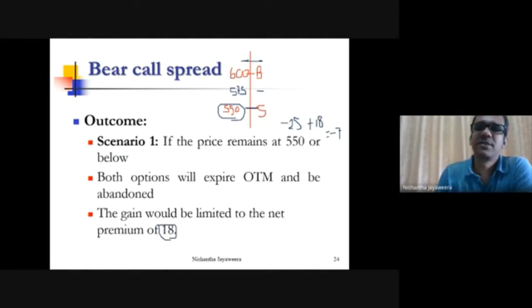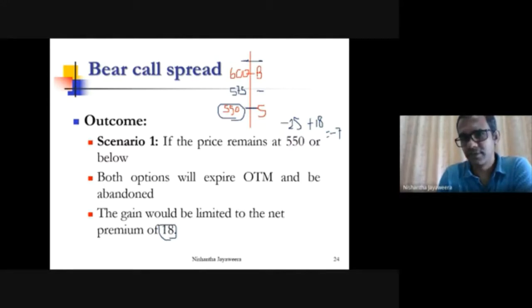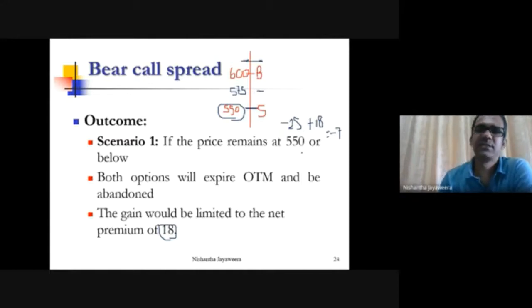Whatever the difference between 550 and 600, you have to pay on this one, but you get on this one. So it's a net payment up to this. Is it clear? Minus 18 or plus 18, that would be your outcome.